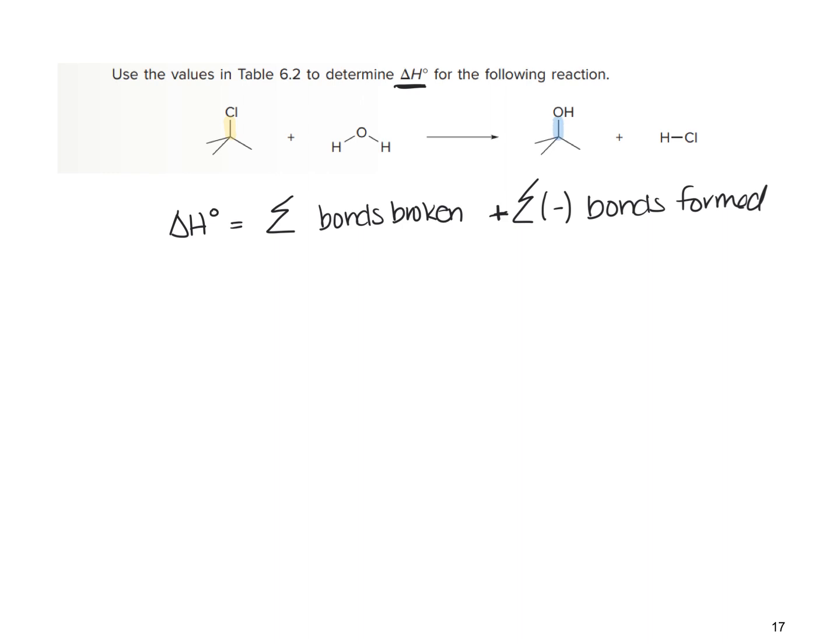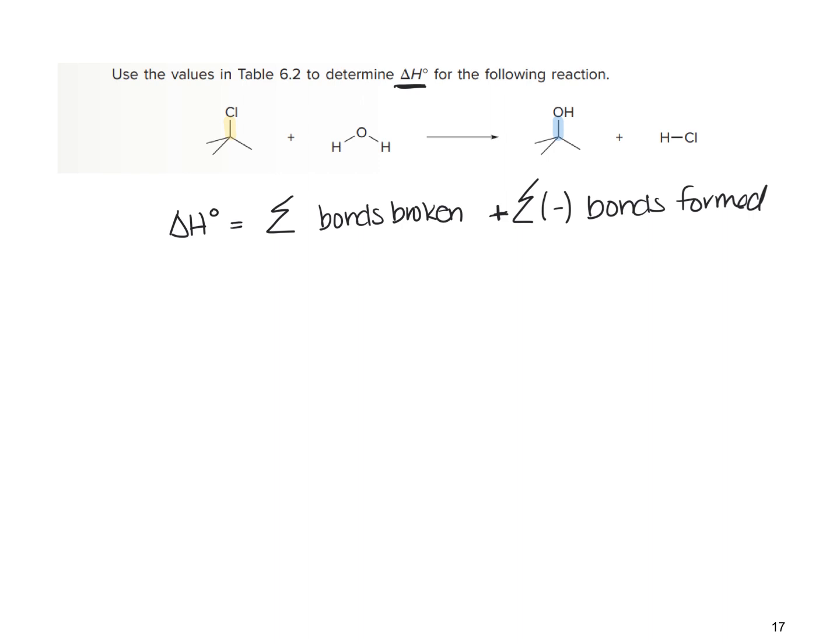And then I'm going to look at what's going on over here with my OH, H2O, and my HCl. One of the things that I see is that this bond here is going to be broken so that OH can form this bond.